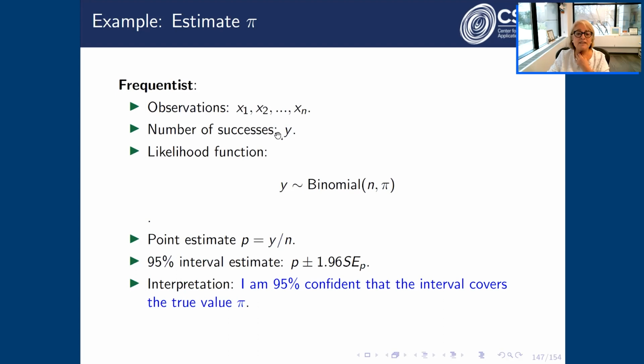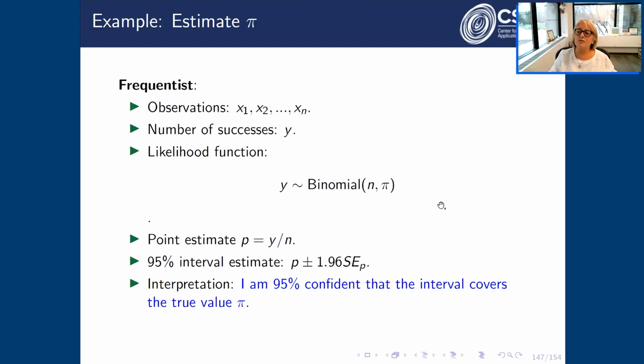And remember, a good model for y is this binomial model, which depends on the sample size and on the probability of success of each individual sample item. This is what I'm calling the likelihood function. We didn't call it this when we talked last Friday, but this is what we call the likelihood function.